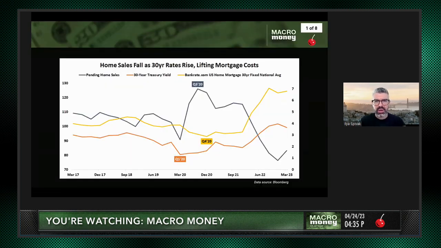So the first thing I want to take a look at here is the sequencing. So let's walk through and see how this works, because the housing market is certainly a bit of a special character. So you can see here that we're starting with a situation where it's already the first quarter of 2020 where interest rates bottom.